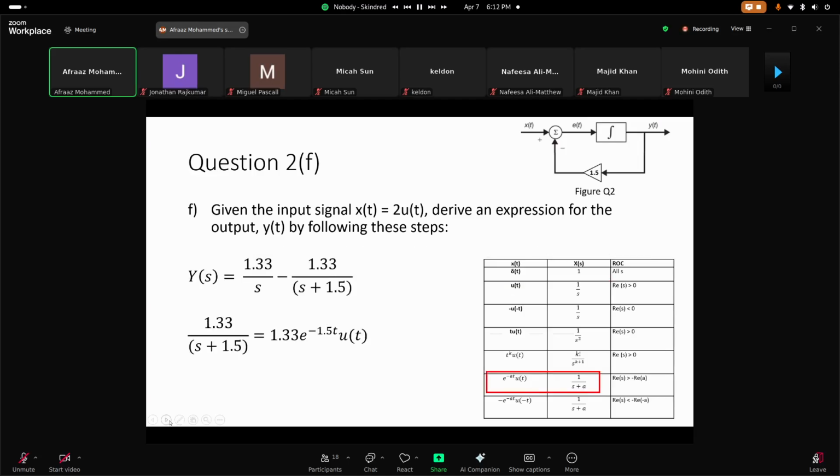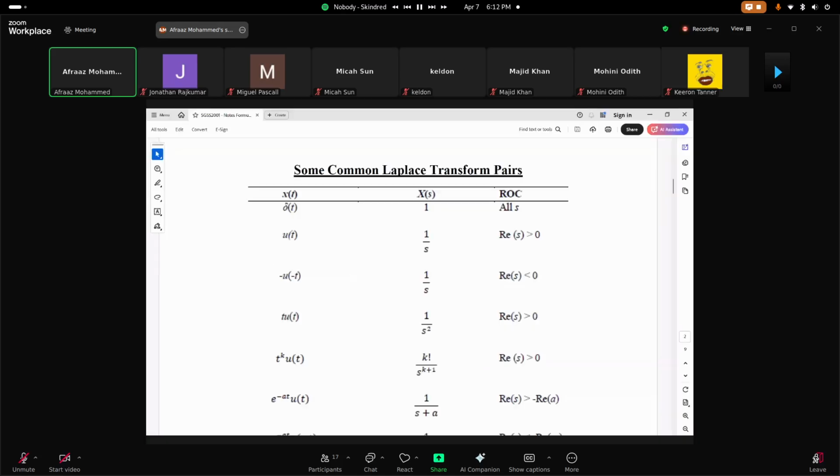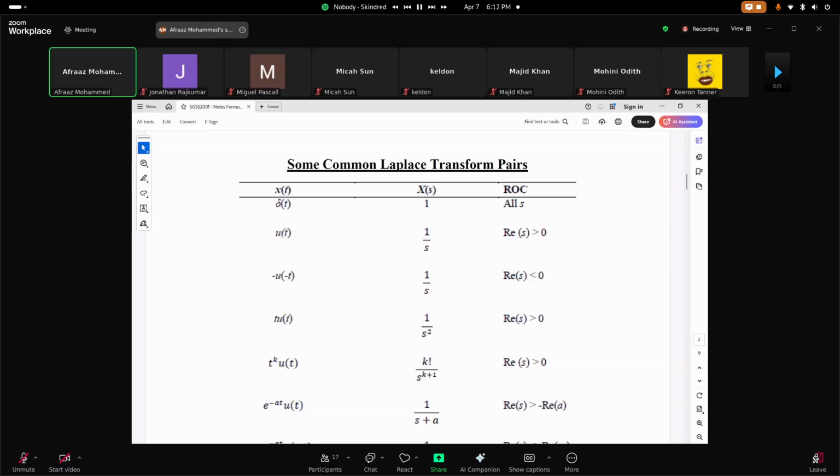For the second term, we have 1.33 divided by s plus 1.5, which is 1.33 multiplied by 1 over s plus 1.5. To transform that, let's look at the table. We have here 1 over s plus a, where a is equal to 1.5.